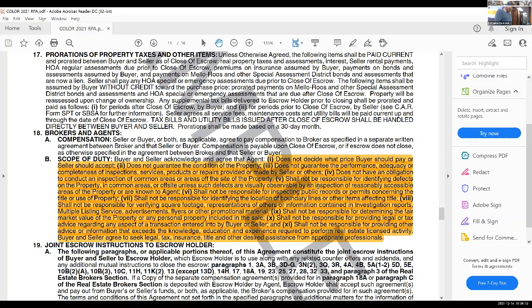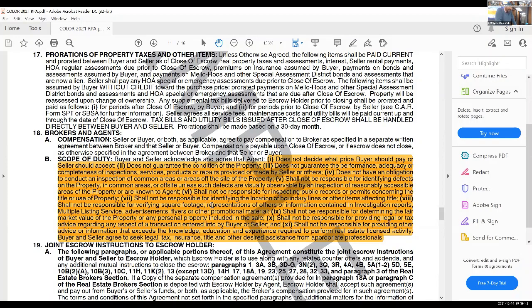The agent shall not be responsible for identifying defects on the property in common areas or off-site unless such defects are visually observable by an inspection of reasonably accessible areas of the property that are known to the agent. The agent shall not be responsible for inspecting public records or permits concerning the title or use of the property. The agent shall not be responsible for identifying the location of boundary lines or other items affecting title.